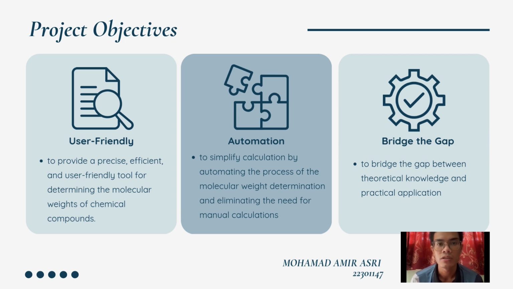Our tool aims to simplify calculation by automating the process of molecular weight determination and eliminating the need for manual calculation, which can lead to human errors. This can lead to a boost in productivity as it saves time for students and professionals, providing them quick access to information, for example, atomic masses and the percentage of a specific element in a chemical compound.